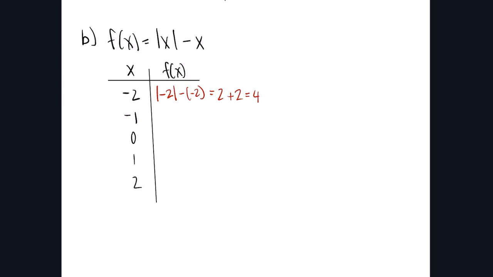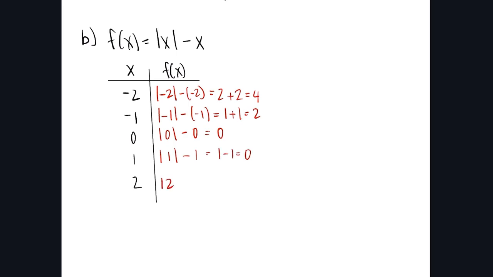Okay. So let's do the same thing again. -1. -1 minus -1 becomes 1 plus 1, which is 2. Absolute value of 0. What's the absolute value of 0 equal to? 0. Okay, we're going to go the absolute value of 1 minus 1 gives me a 0.